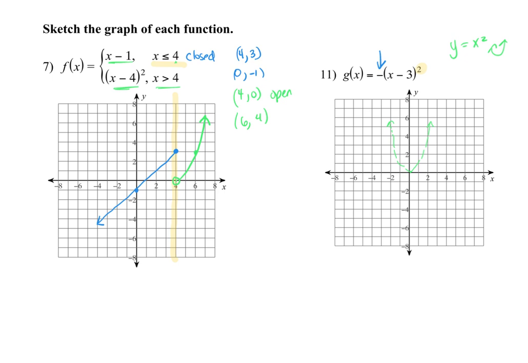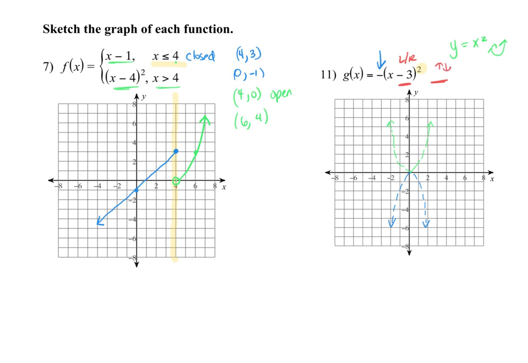And so if he flips over the x-axis like that, he would shift down here and just point down. Now this particular one has a 1, so he actually doesn't stretch at all, right? He just flips. And then the next thing I'm going to look at is, does it move left and right? Remember, this tells you left and right, and anything out here would tell you up and down.